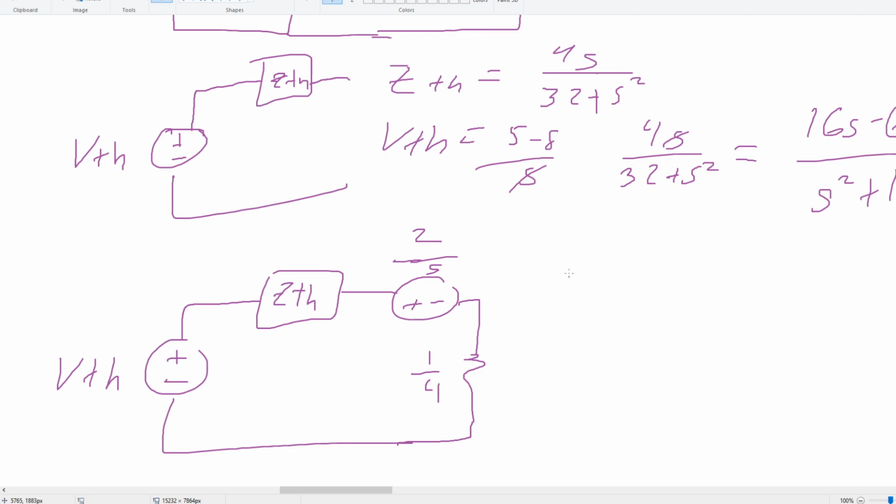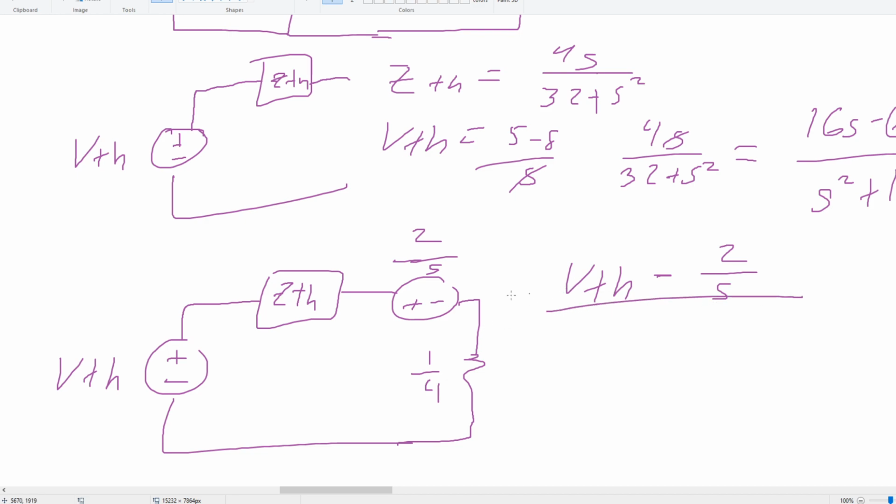We're going to say V Thevenin plus, it's minus because they're facing in the opposite direction, right? So we choose this direction, we move over, oh, we see a negative over here, so this is negative. We see a positive V Thevenin over here, so that's positive, right? So we have V Thevenin minus 2 over s.